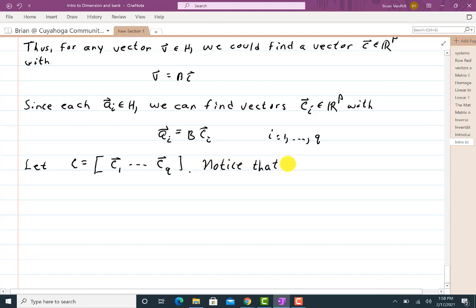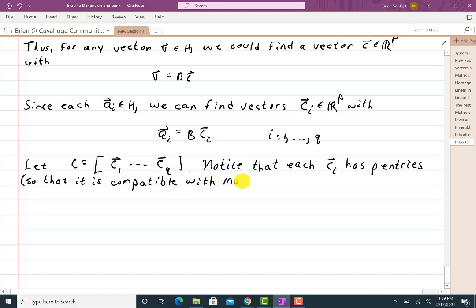Notice that each ci has p entries, so that it is compatible with multiplication by B on the left.